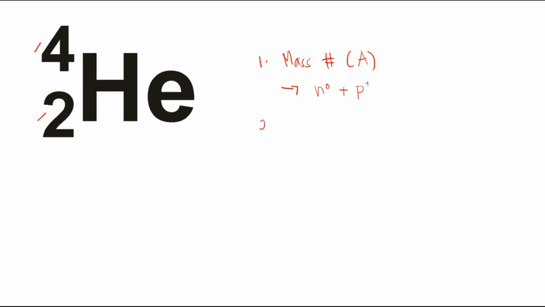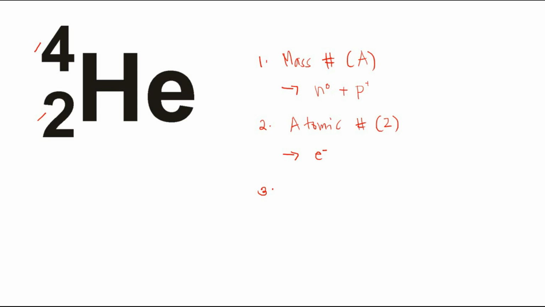For number 2, we also have the atomic number, and the symbol for that is Z. For you to get the atomic number, you just have to know the number of electrons. So atomic number is equal to the number of electrons.